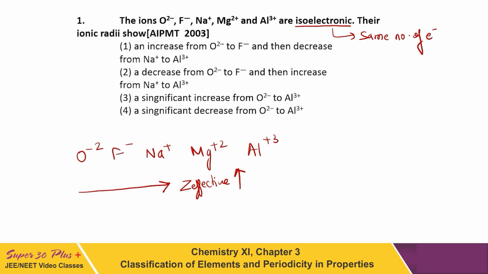With the effective nuclear charge increasing, obviously the radius decreases. So what is the order of the ionic radius? Here the order of ionic radius shall be constantly decreasing. So the correct answer of this question will be a significant decrease from O-2 to Al+3. The fourth option is the right answer.